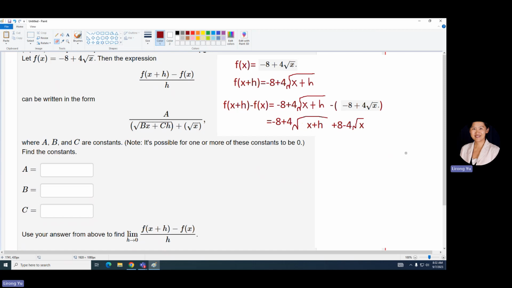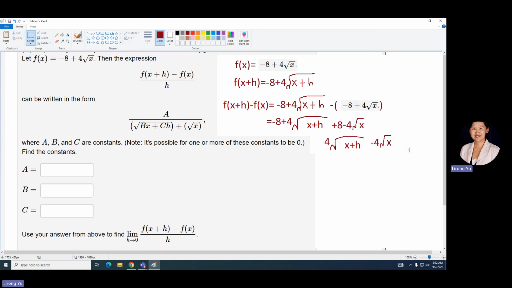So we cancel the -8 and the +8, and the 4 terms remain. Let's push it together.